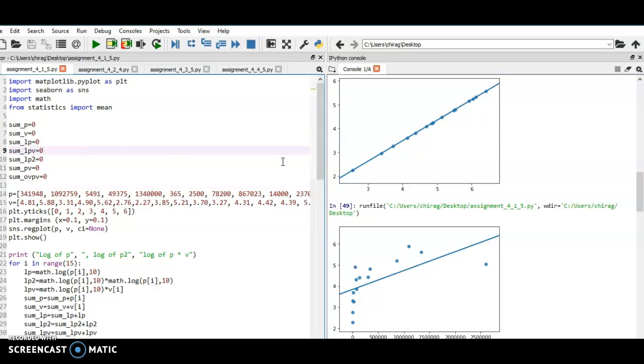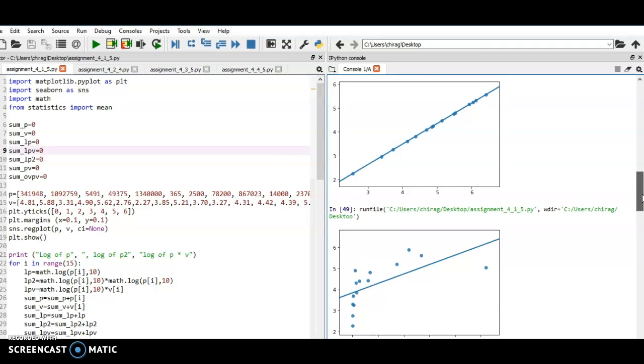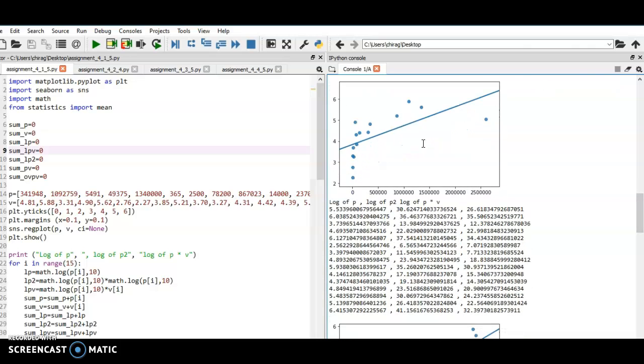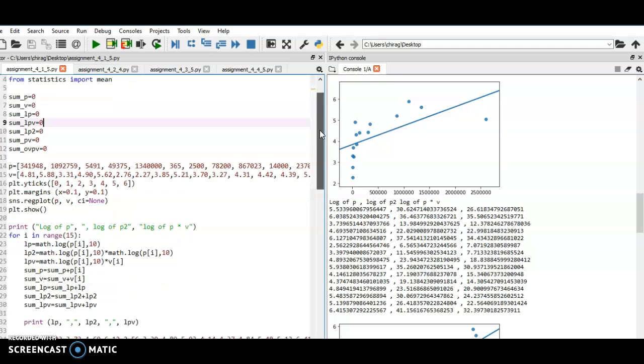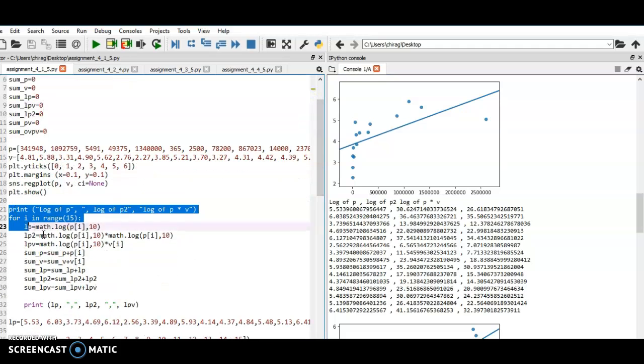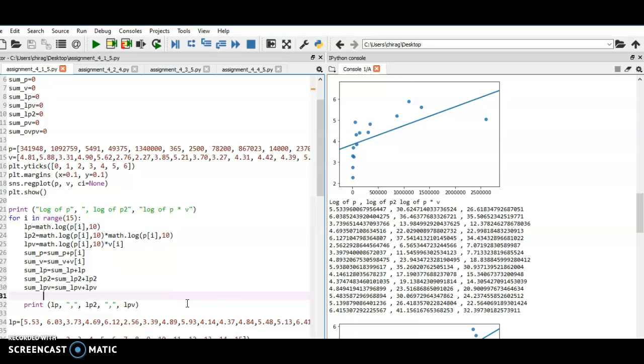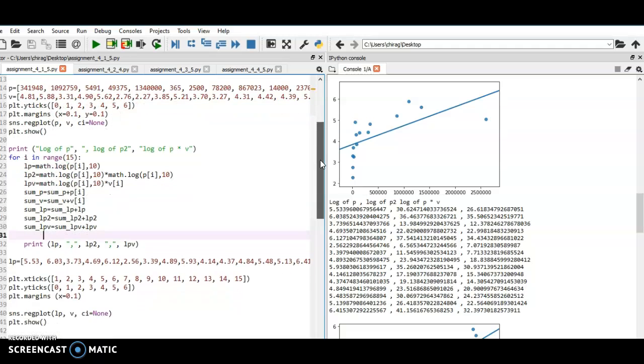Then we have given data P and V that we use to generate the regression plot, as you can see in the output. Then we calculate log of P, log of P square and log of P and V. At the same time, we are calculating the sum of P, V, log of P square and log of PV, as you can see in the output.